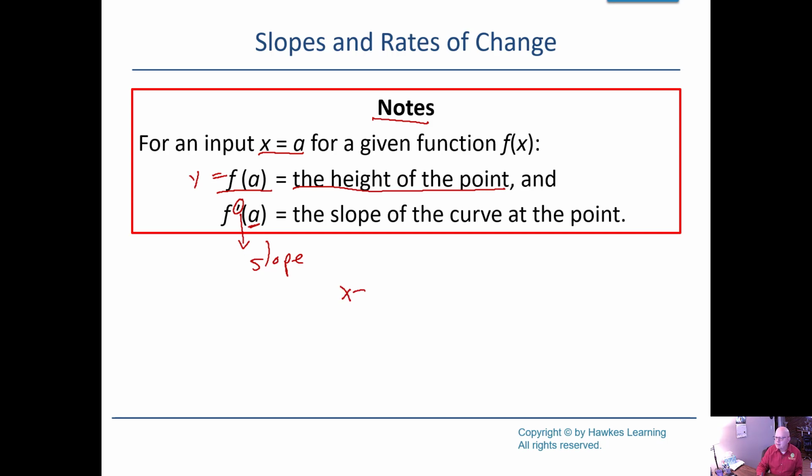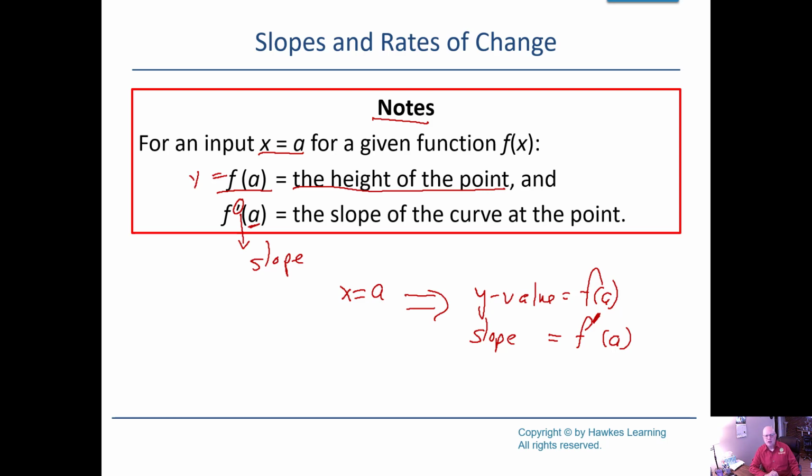So for x equals a, you get two things. What's the y value? Just put the a in where the x's are in the function. You want the slope, put the a in the rate of change, and you can find out what the slope is. Is it going fast? Is it going slow? Uphill? Downhill? You can tell all that.